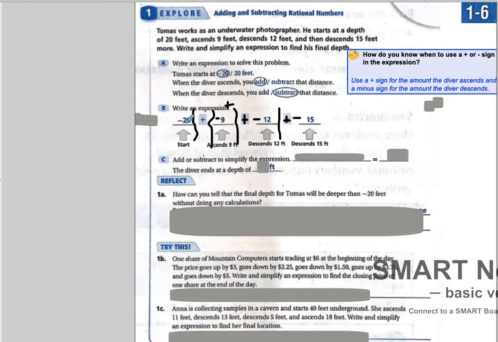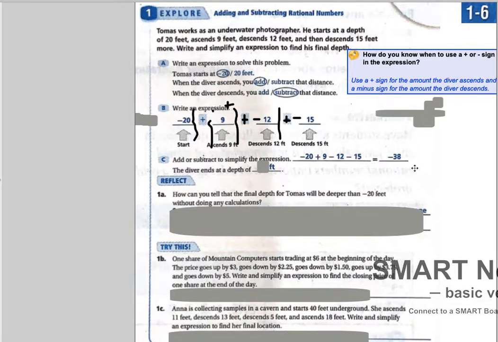It might be a good idea to combine all the negative numbers and then add that 9. Oops, this is wrong. I didn't mean to make that a negative there. So we could combine all the negative terms and then add the 9. And so what we get here is, when we add or subtract to simplify the expression, this is what it's written as.